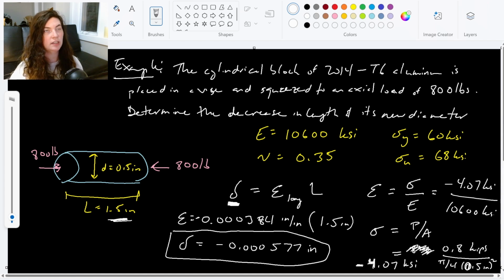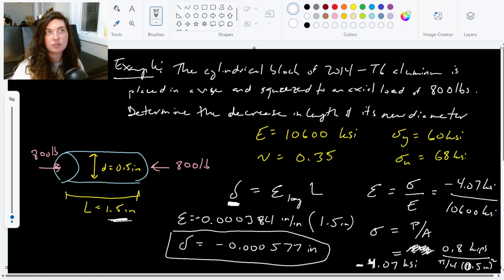There is a change there. It's a very, very small change, imperceptible to our eye, but there is a change there. So the decrease in length is this 0.00057 inches. So that was the first part of the question.